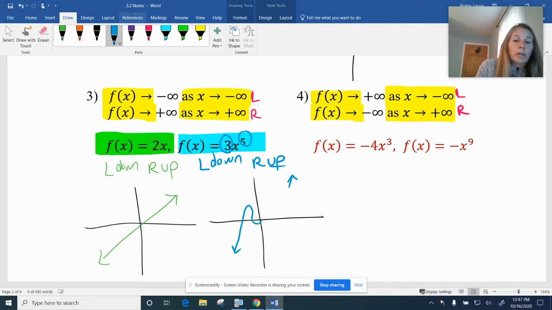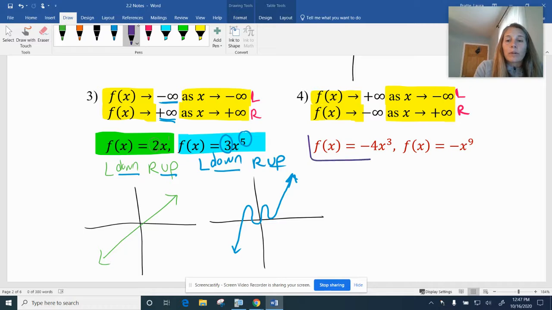It would probably go something like that. And these are just rough sketches. It's probably not exact, but you get the idea. And notice left down, negative infinity. Right up, positive infinity. All right, we're going to do one more.